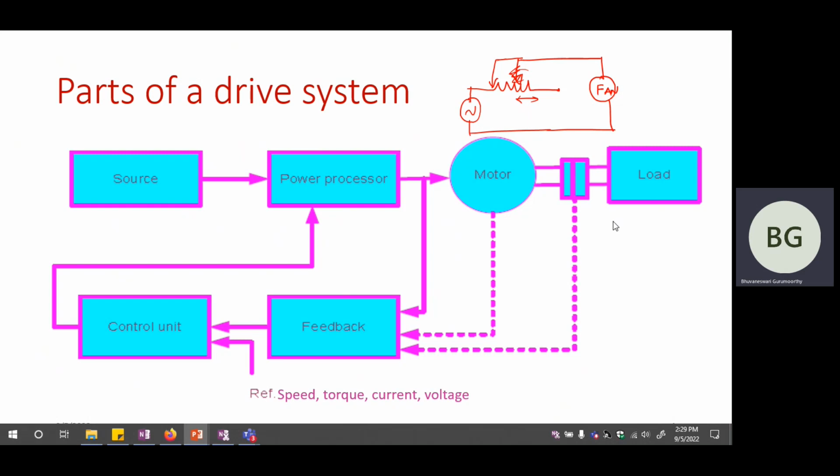So this conversion mechanism could be a rotational motion to translational motion converter, or it could have a gear mechanism which might convert from high speed to low speed or low speed to high speed. For example, electric vehicles mostly require a lower speed, whereas the motor itself might rotate at a high speed. So we may have a reduction gear.